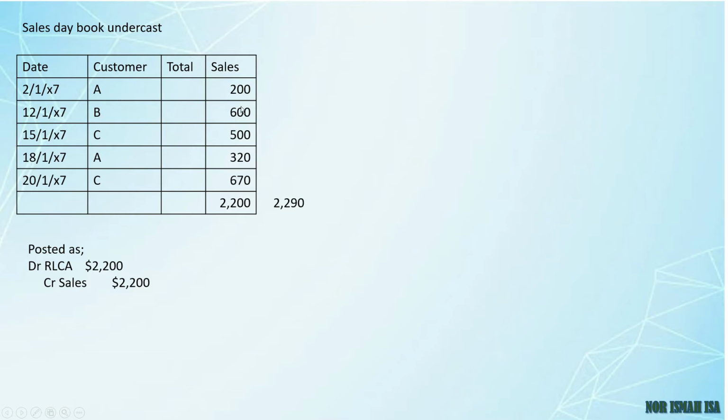So when the list of receivable ledger accounts is extracted, the total amount will appear as the correct amount, which is 2,290. As for the receivable ledger control, after balancing, the account will come out with the amount of 2,200, which is undercast by 90.